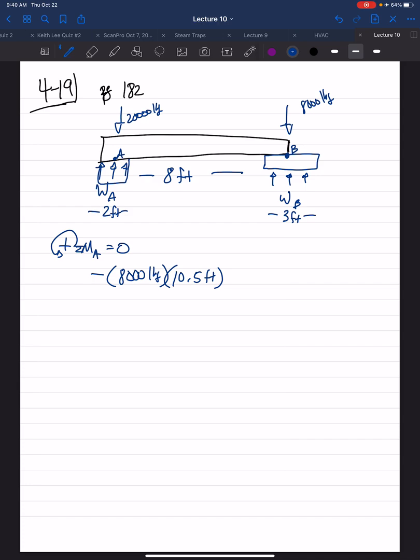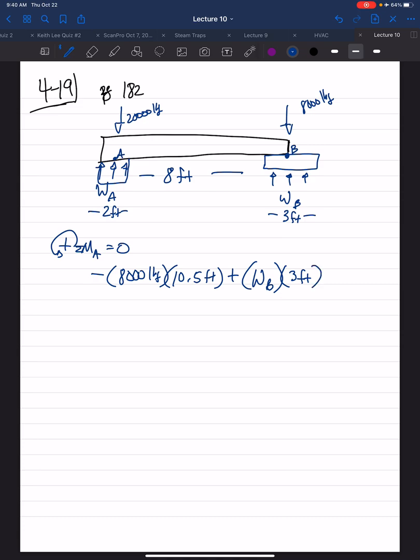WB, remember, is a loading we're solving for that is pushing up, so causing a counterclockwise positive rotation about point A. The loading times the width gives the area, which results in the resultant force. So it'll be the loading WB times the width, 3 feet, which gives us the area there.